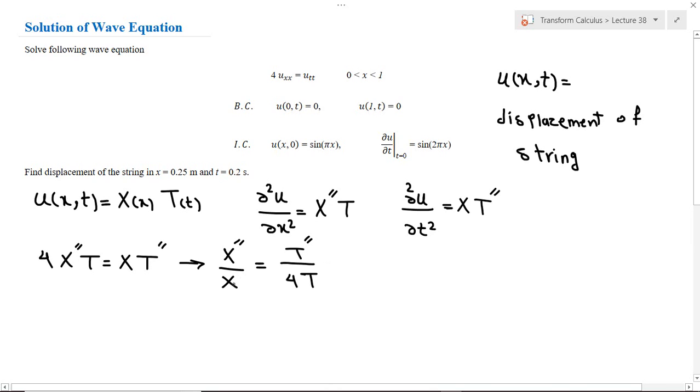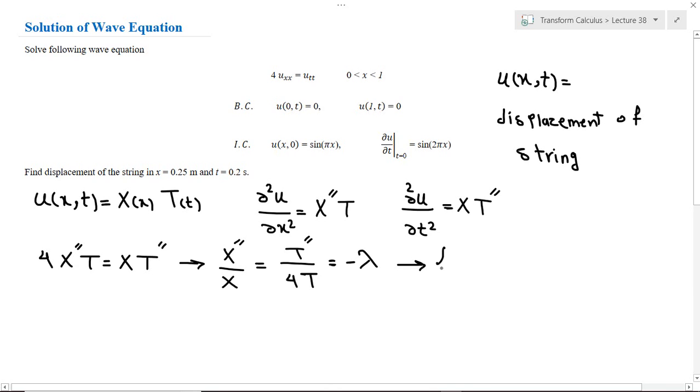So we have two functions. One of them is function of x in left hand side of the equation, equal to a function of t in right hand side of the equation. We already said that the only way that two functions with two different variables can be equal is if these two functions are constant. So I say they are equal to minus lambda.